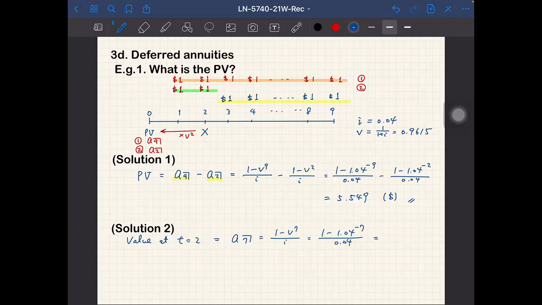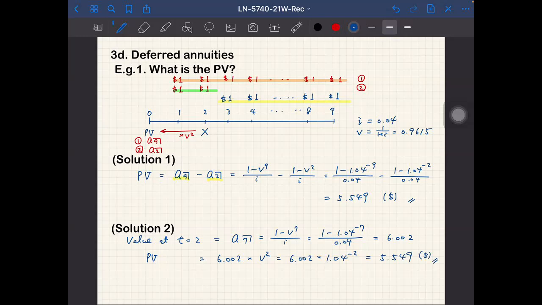And this is equal to 6.002. Then the value at time 0, the present value, is equal to this 6.002 times v squared. So this is 6.002 times 1.04 to the power negative 2. And this becomes 5.549 again.